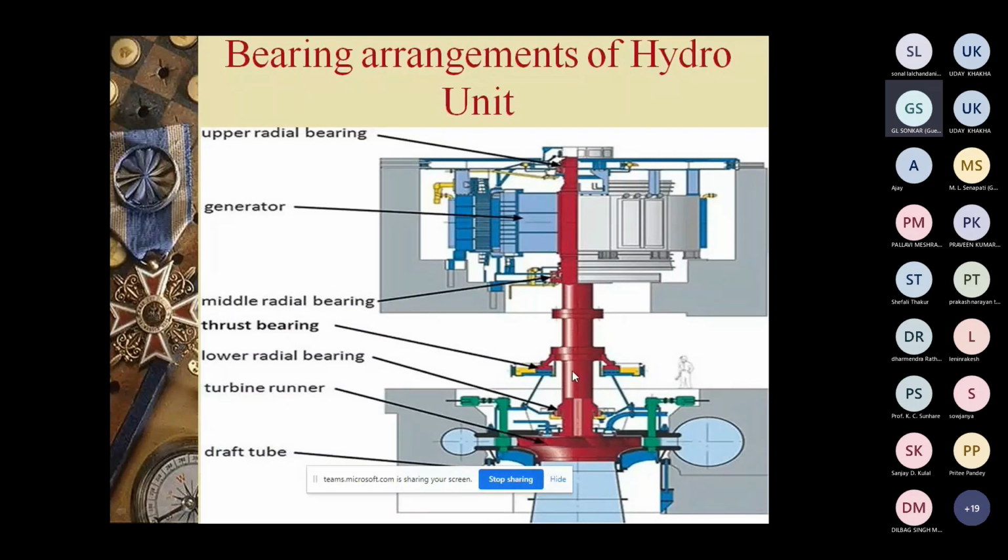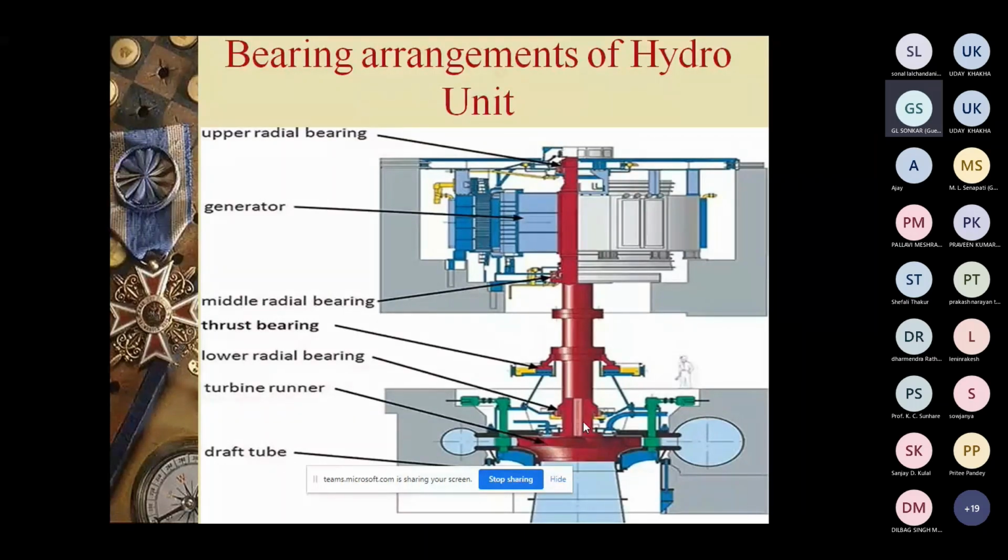Again, there is an upper guide bearing and lower guide bearing in the generator, and a turbine guide bearing also. But in the semi-umbrella type, the lower guide bearing is not there in the generator. Only one guide bearing for the generator, one guide bearing for the turbine, and the thrust bearing is in the mid shaft arrangement between the generator and the turbine.